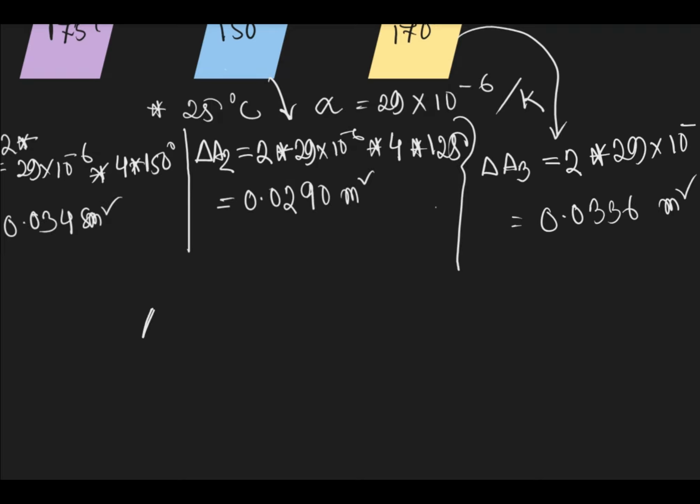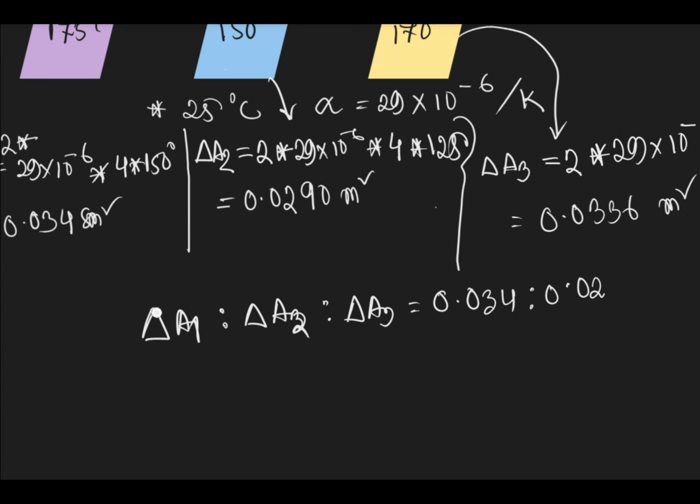So del of A1 is to del of A2 is to del of A3 is equal to 0.0348, 0.029, 0.0336.